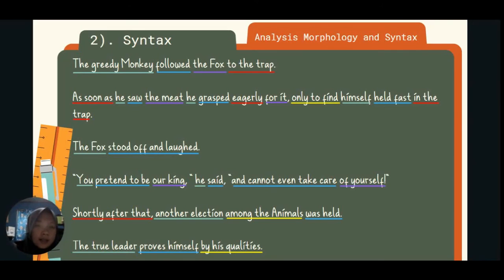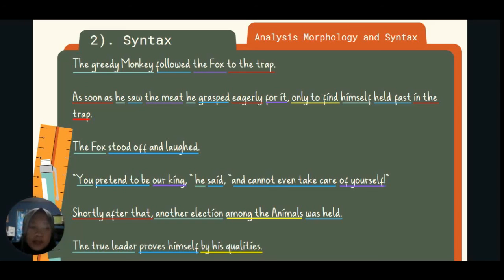The greedy monkey as subject, followed by the verb, and the fox as object. They are sequential. Likewise with other sentences, if you pay attention, you can see that green as sign of subject, blue as sign of verb, and purple as sign of object are always sequential.